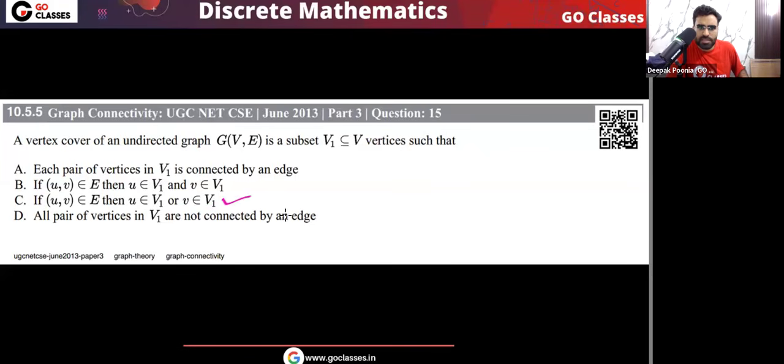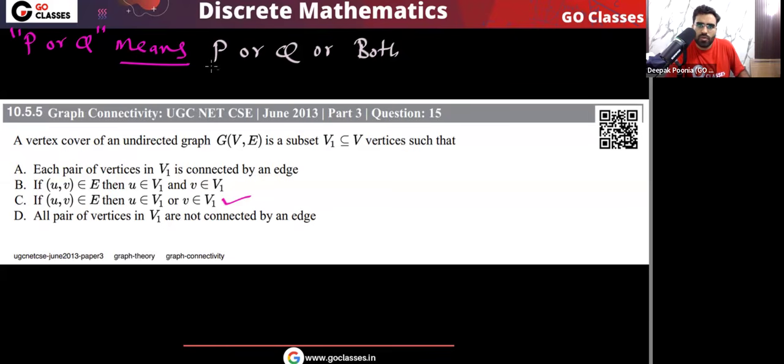So the answer will be option C. If there is an edge between U, V, then either U must be in V1 or V must be in V1 or both. That's fine. By default this 'or' contains both also. We already know that when we say p or q, it simply means p or q or both.